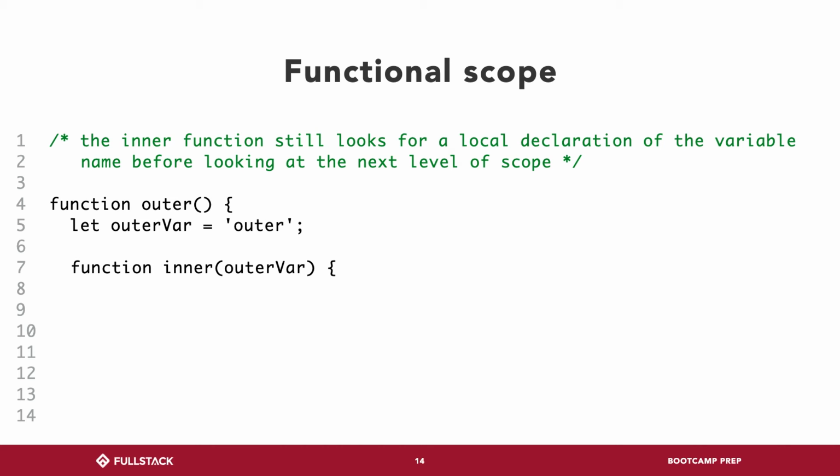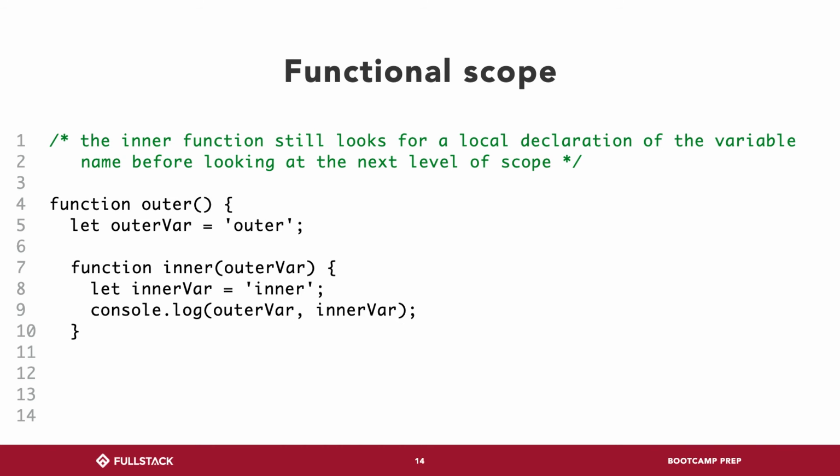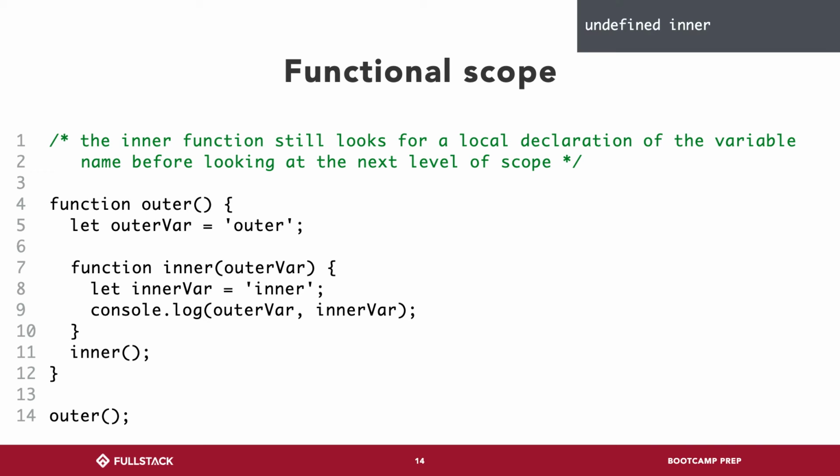The inner function still looks for a local declaration of the variable name before looking at the next level of scope. So here we are console.logging outer var, and we find it here, but we didn't pass anything into inner.